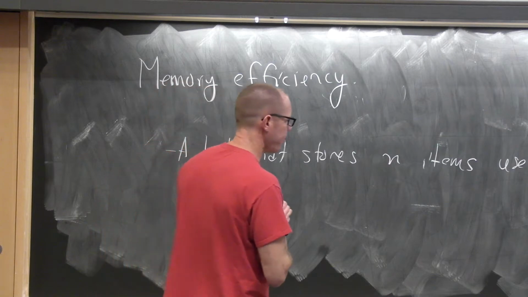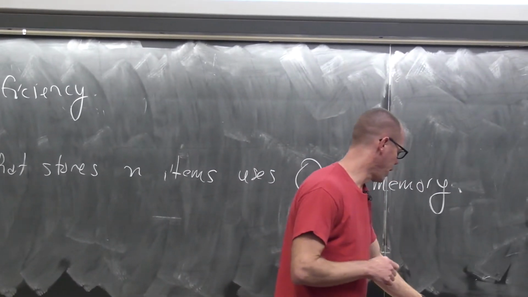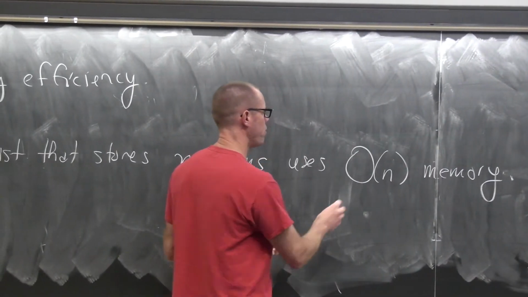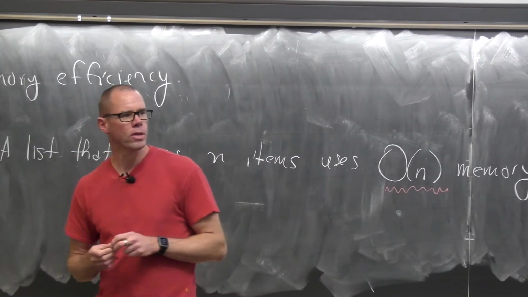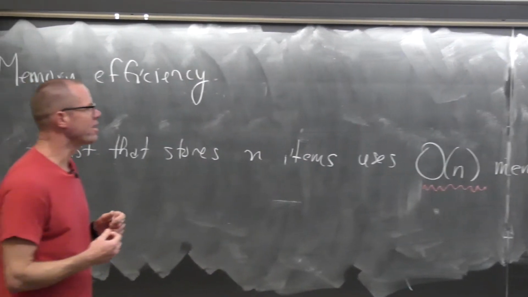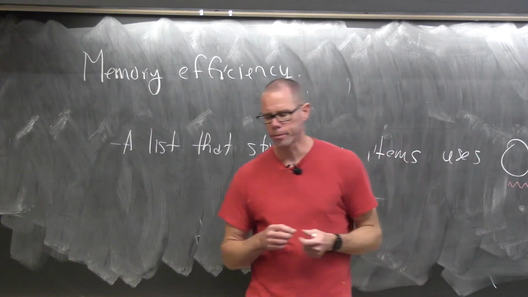Now, remember, for those of you who've looked carefully at the definition of this big O notation, this hides constants. So 3 times n is the same thing as n when you're talking about big O notation.